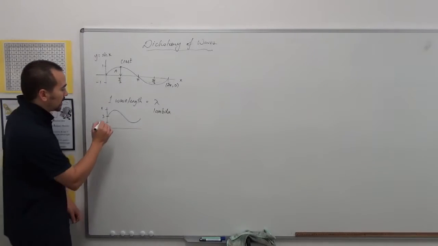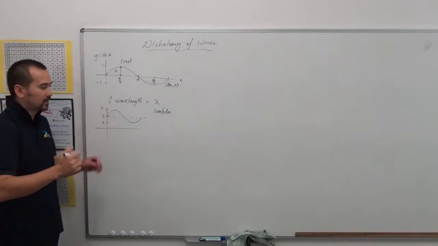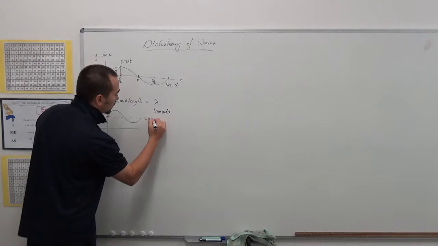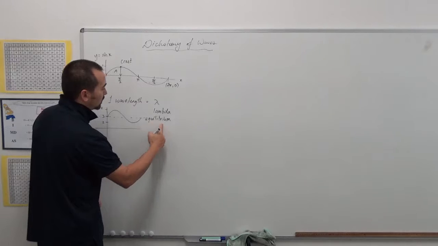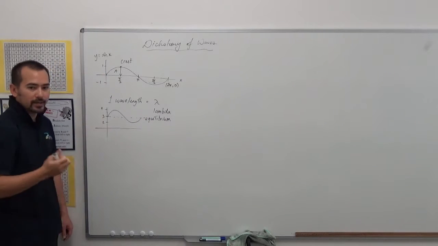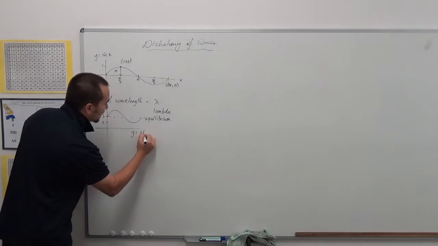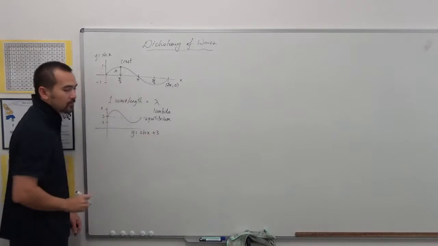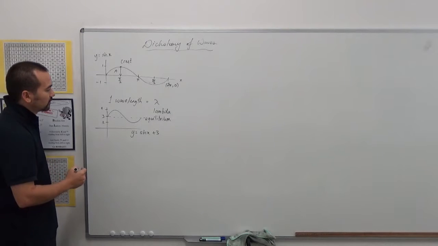And so now the equilibrium has been lifted. This is our equilibrium, and it's been shifted upward by 3 units. So this function is now y is equal to sine x plus 3. So that's a vertical shift.